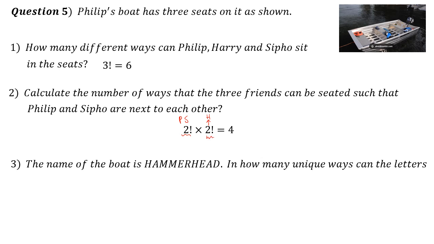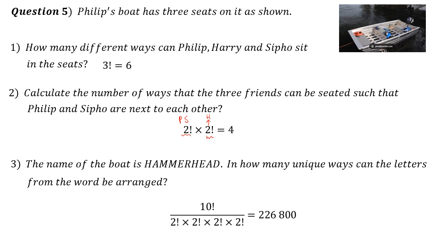Question 5.3. The name of the boat is Hammerhead. In how many unique ways can the letters from the word be arranged? Now, first of all, do you agree when we count all the letters in the word hammerhead, there's 10. So therefore, it's 10 factorial. But now there's repetition. Let's look at this one. Do you agree? H, there's 2 of them.